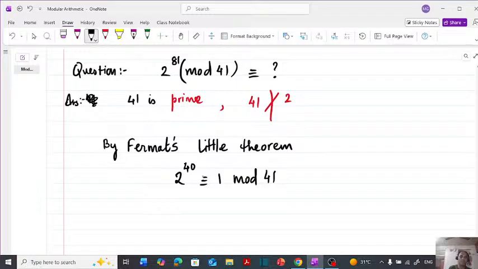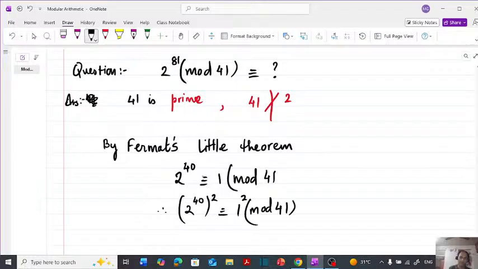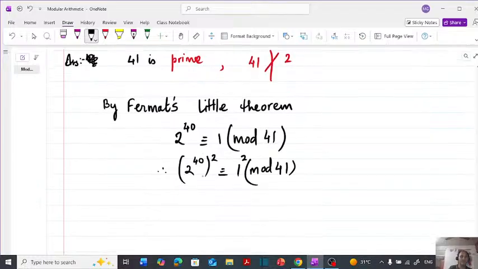Alright, so it means 2 raised to 40 whole squared is congruent to 1 squared mod 41, which is 1 only, right?